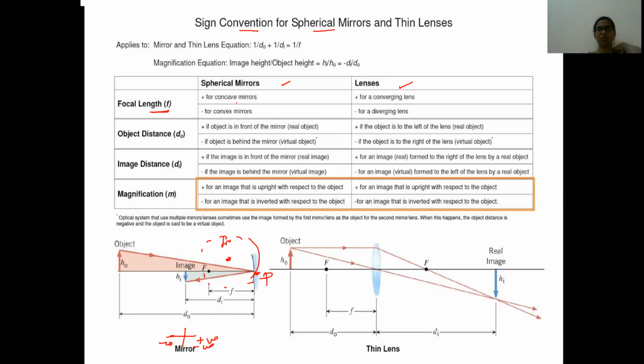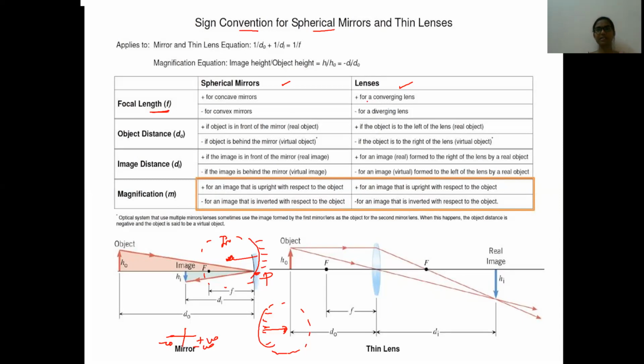So for concave mirrors, it is negative. In a convex mirror, where the outside is reflecting, imagine a sphere, the focus is present on the positive side. In case of concave, the negative side. Right children, so the focal length is negative for a concave mirror and positive for a convex mirror.